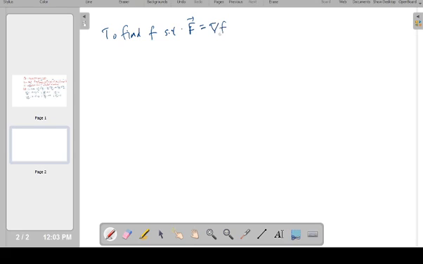Remember, the potential function small f exists if and only if capital F is conservative. This we have proved already. I think only one implication we have proved. The other implication is beyond the scope of your syllabus. So already we have proved it is conservative, so this f exists.